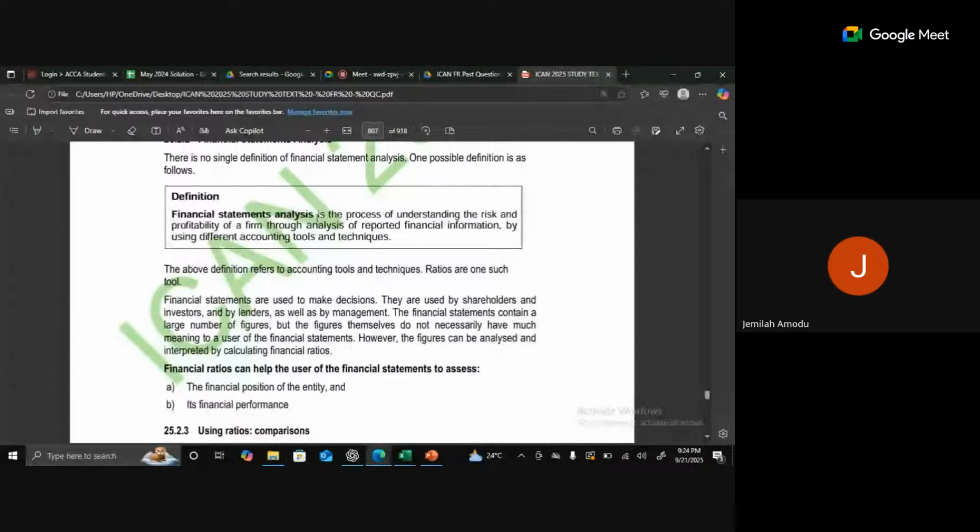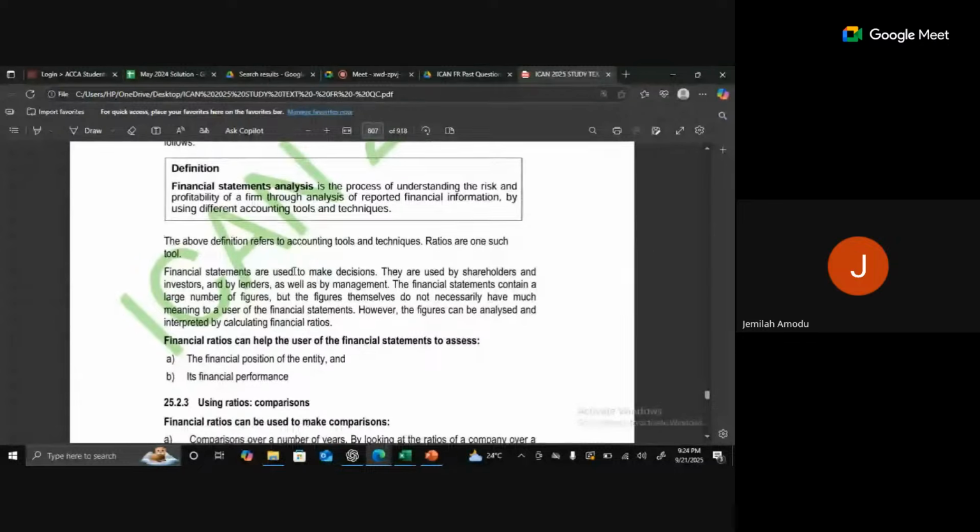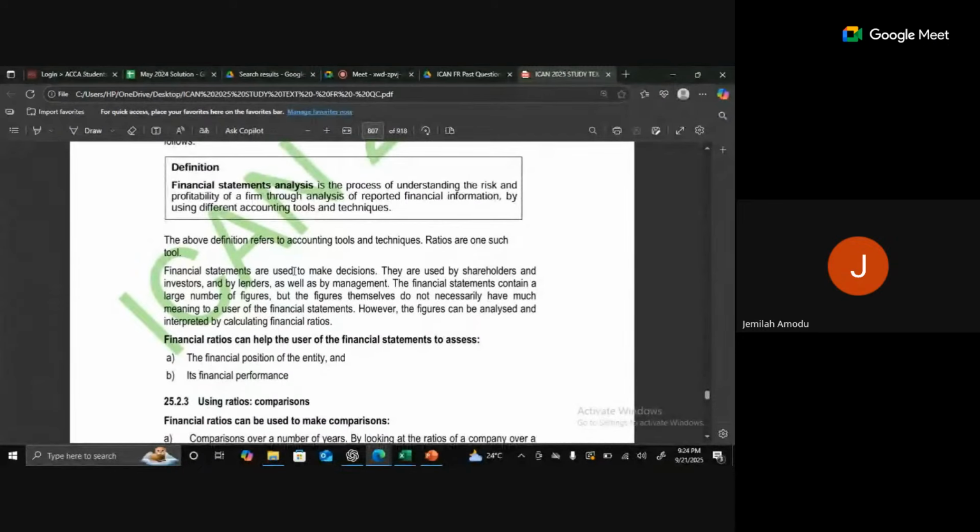You need something to help you understand the different numbers, right, what they represent, and it helps you to also analyze the risk or profitability depending on what you are looking at, right? So that is what financial analysis basically means, just you looking at it in more detail, right, beyond just what has been presented.